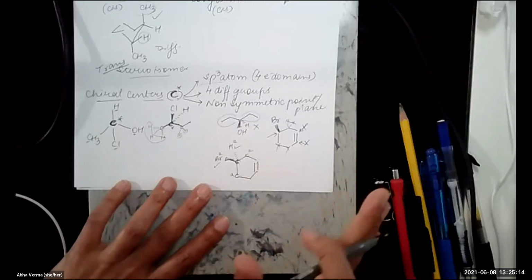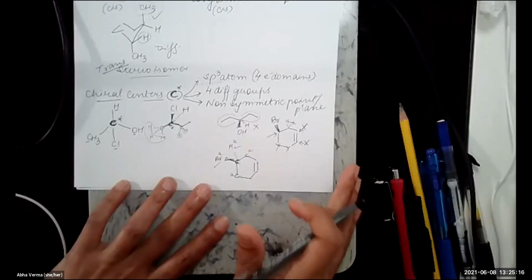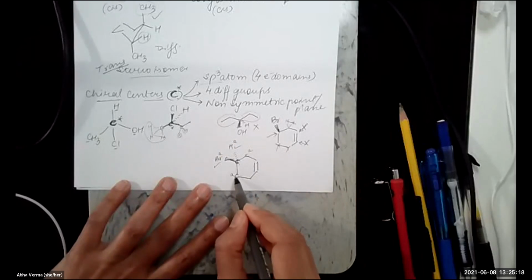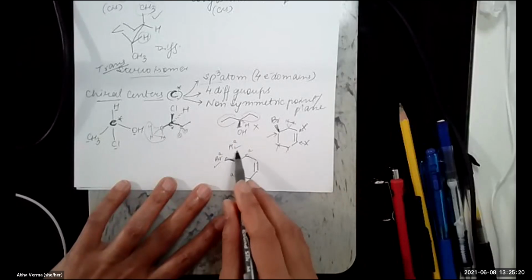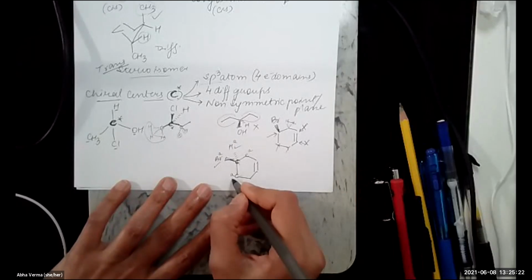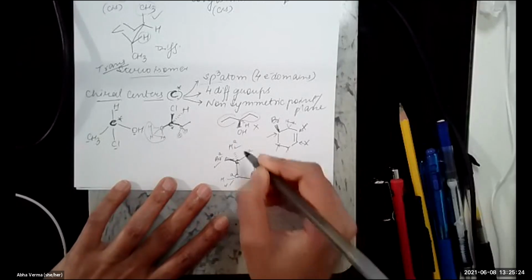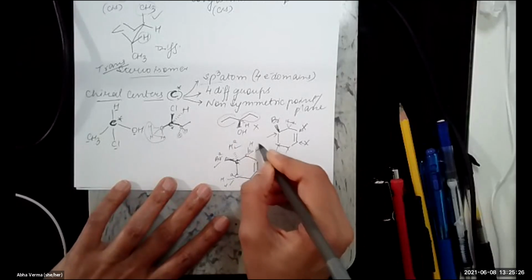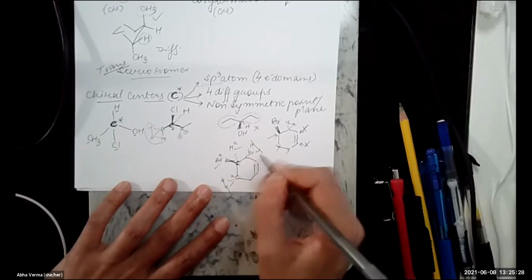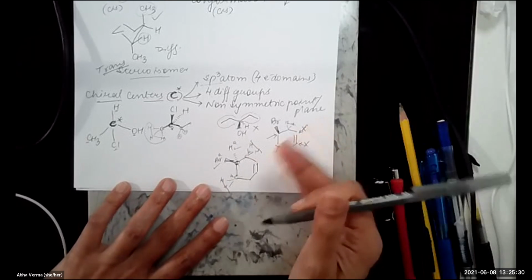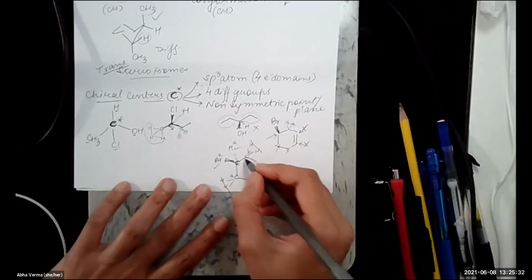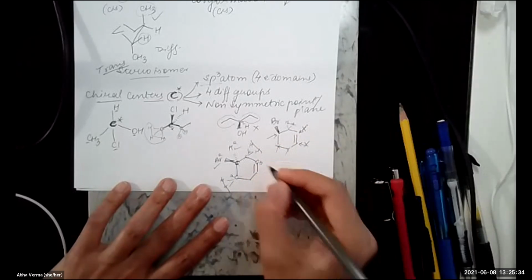Remember, this is not proven to be chiral yet. My carbon of interest has these atoms directly attached to it. These two groups are exactly the same, so they are not helping me find any differences. Let me look at the next atom.